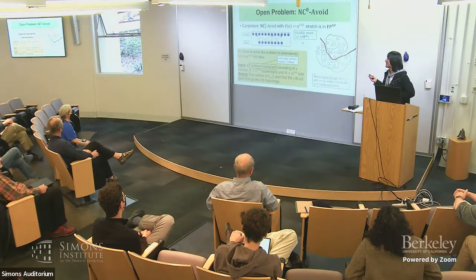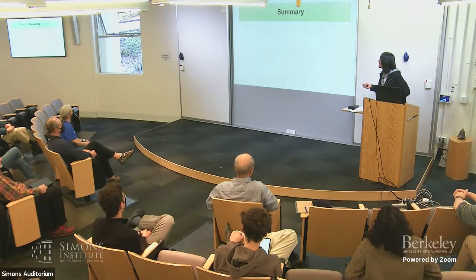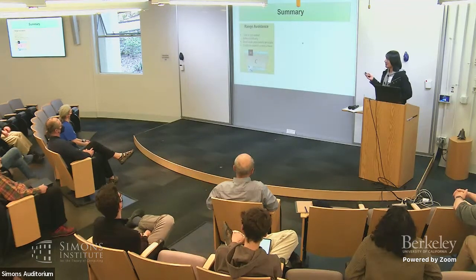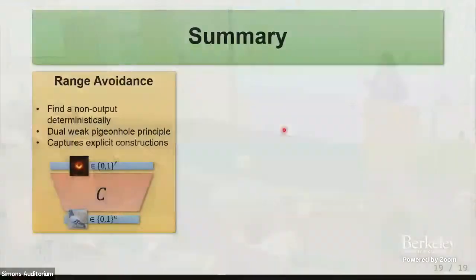So if everything is clear, let me jump to my final slide. There's a summary of this talk. I introduced this range avoidance problem, which in some sense characterizes the dual weak pigeonhole principle. And if you solve this problem, you will have dramatic consequences in explicit construction.